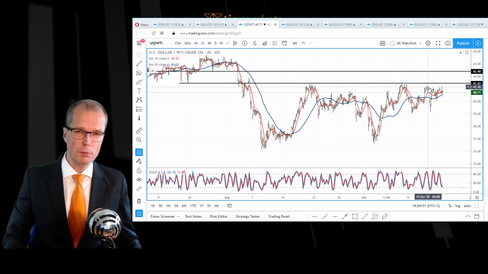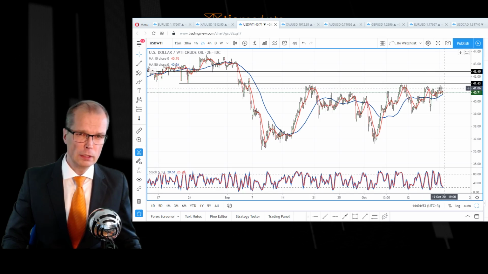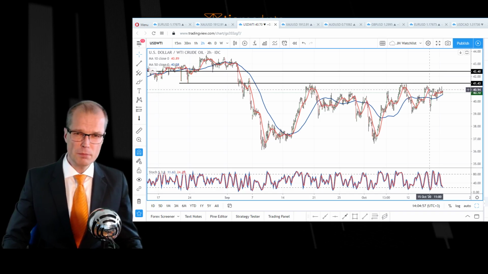Now we have a couple of lower highs here. So that suggests that we might be seeing weakness in this market.